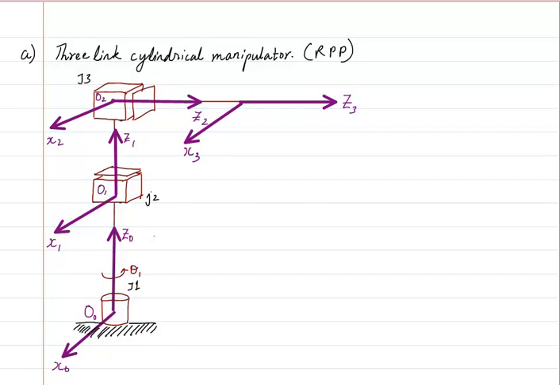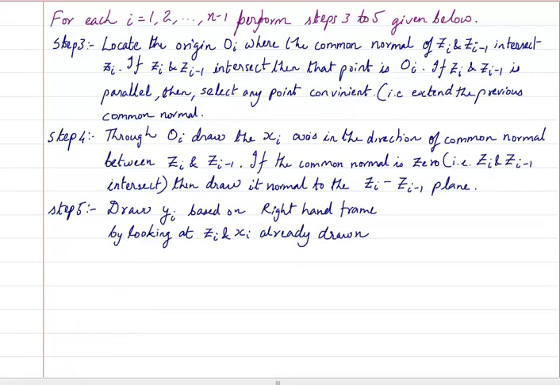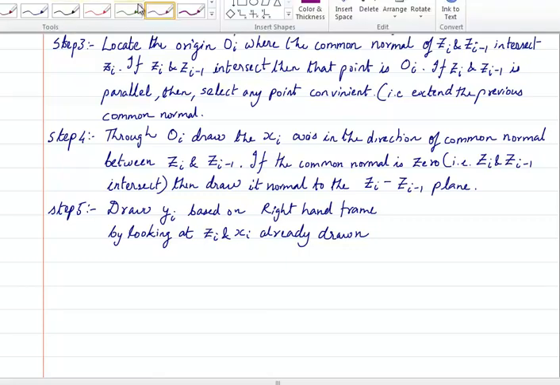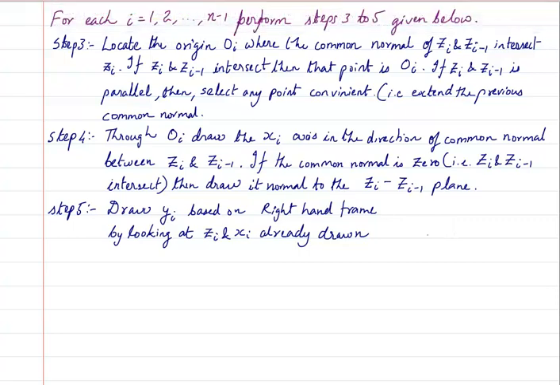Now based on this I can draw the Y axis. Always remember, here it is written in the rule that draw Yi based on the right hand frame rule by looking at Zi and Xi already drawn. So what is the rule? The rule says that if you are having X, if you are having Y, then you can find out Z by going in anti-clockwise direction. So X, Y will give me Z, Z, X will give me Y, like that.